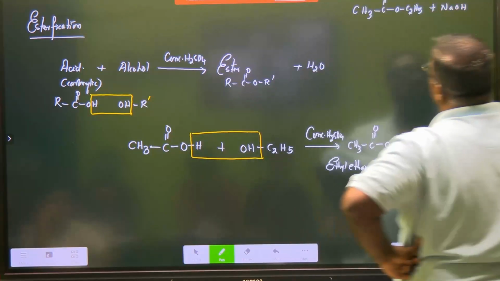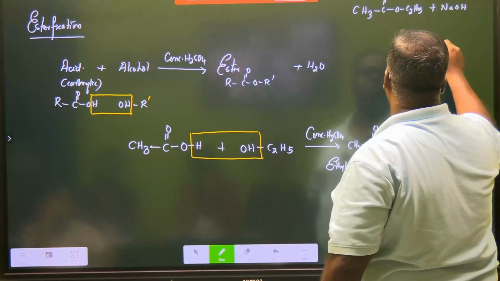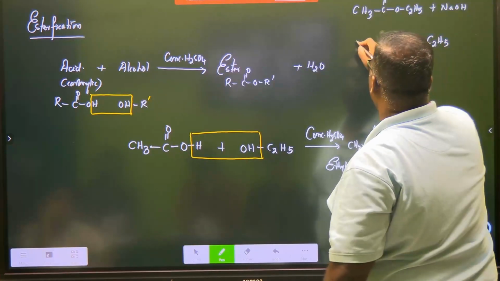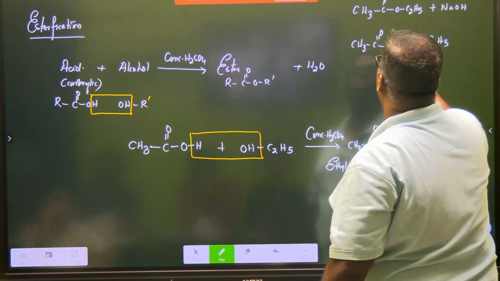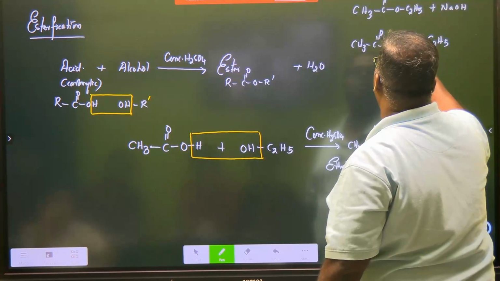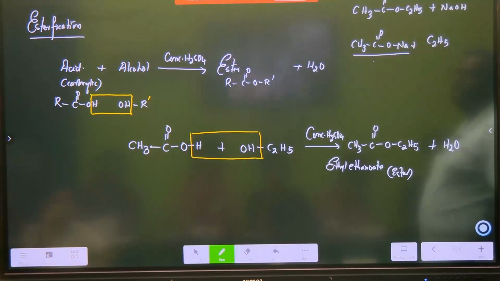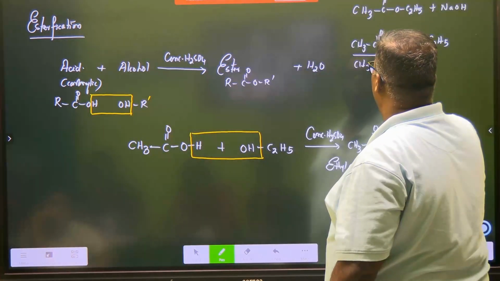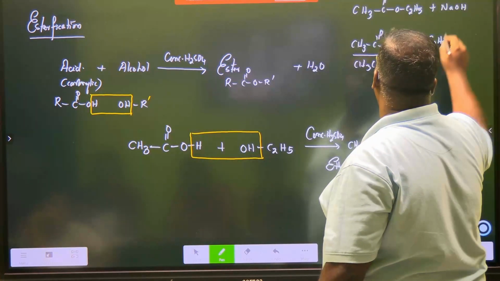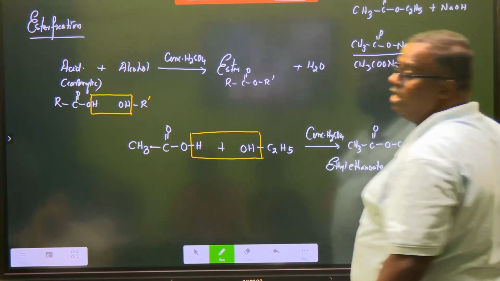Got it? The C2H5 will be kicked out. That means on this side, what will I have? CH3, C double bond O. The Na will come and sit here. So this is sodium acetate, CH3COONa. And C2H5, so when Na went, OH was remaining, that OH comes here. So you get your ethanol back.